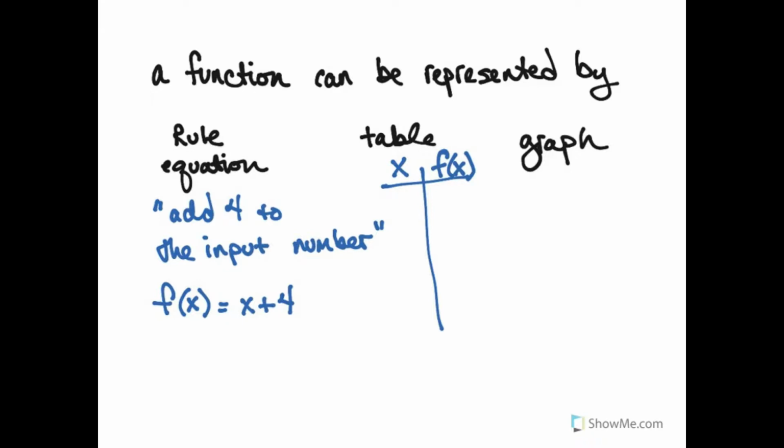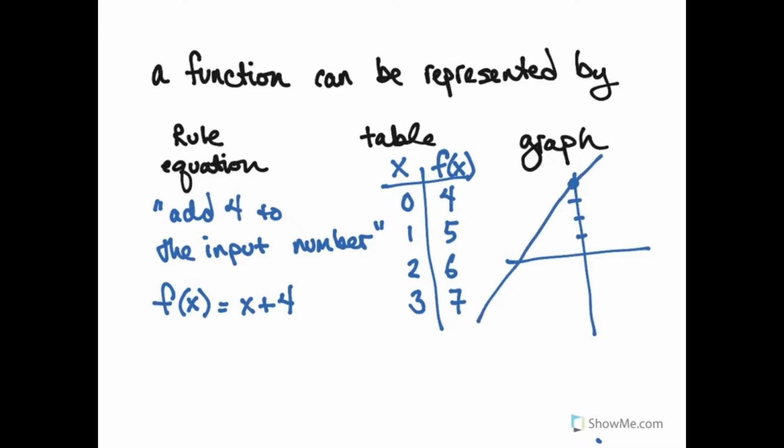The input might be 0, 1, 2, 3, and the output then would be 4, 5, 6, 7. Every input corresponds to exactly one output. And a graph of this function, the same function in each case, would go through 0, 4 and have slope 1, so it's the line y equals x plus 4.